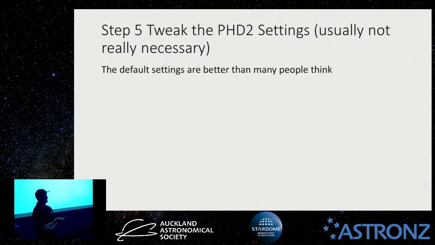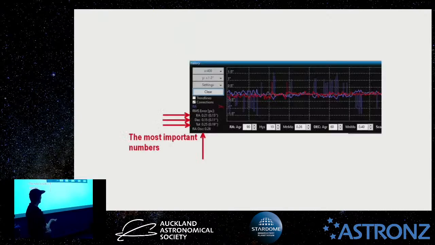So now we get to the tricky stuff. This step 5 is to tweak the PHD2 settings. And they're a lot simpler than you think. The default settings work, and the guiding assistant changes to the defaults work. So you don't need to worry too much about them.